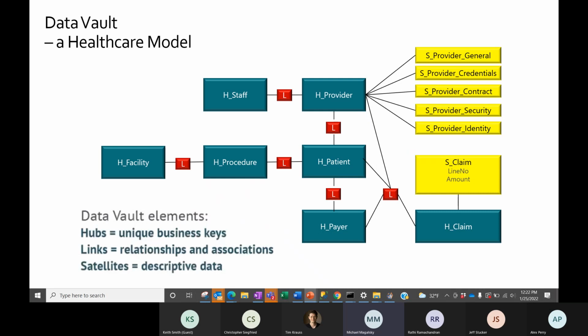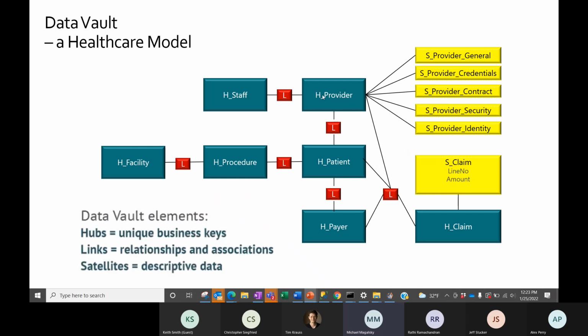Could be their name, but that's probably not unique. It could be their social security number, but that might not be available in all systems. So there's some unique set of business keys that identify the patient. Likewise, the payer, like insurance providers, would be a set of payers. Okay, so there's a payer element. There's a provider element, those individuals and organizations that are providing services to the patient.